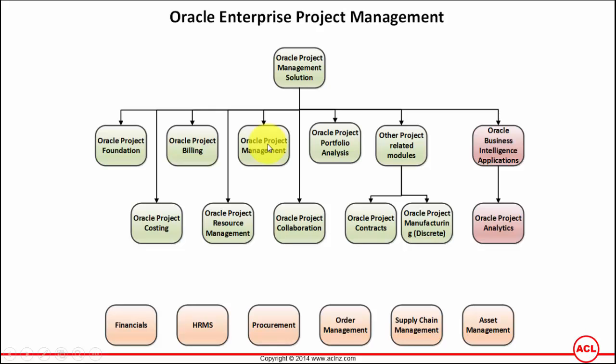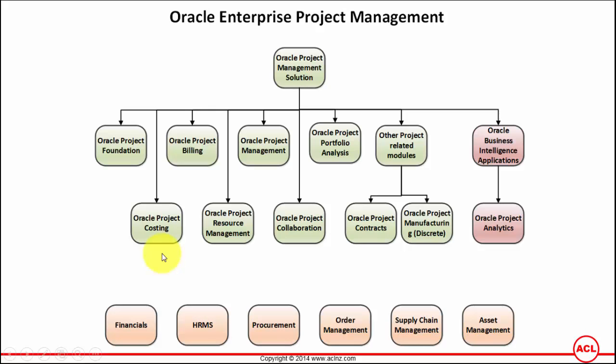The resources execute those tasks and submit their time and expenses in relation to those execution tasks. So those time and expenses are the ones you capture in the Oracle Project Costing module. That's one example. There are a lot of things that go into the project costing module.